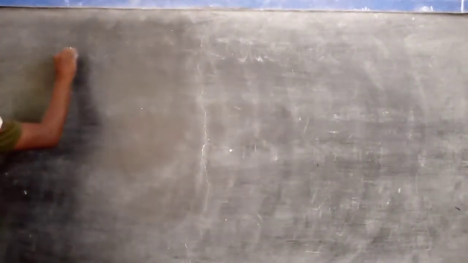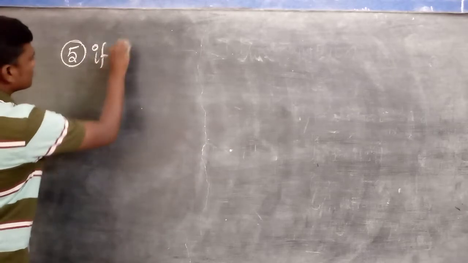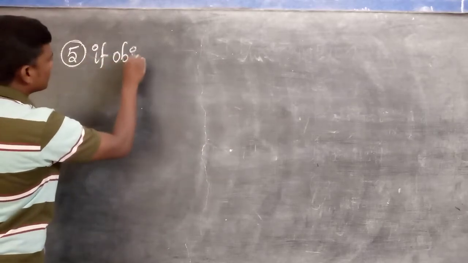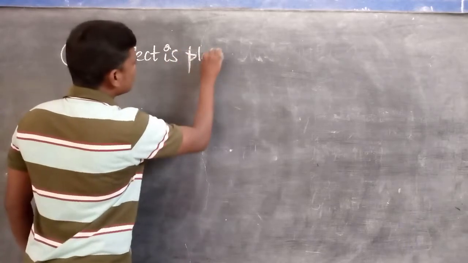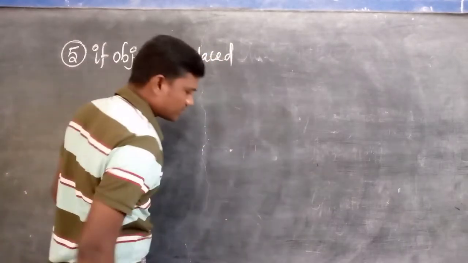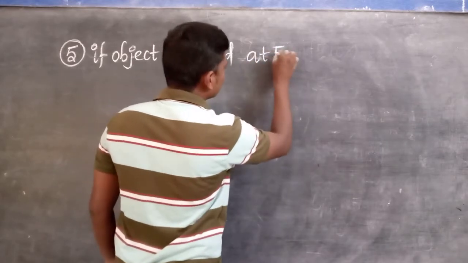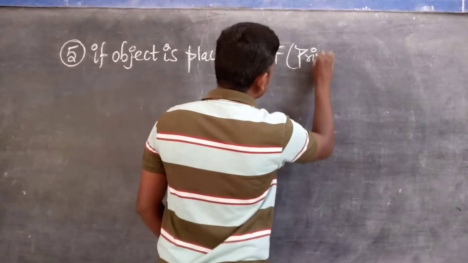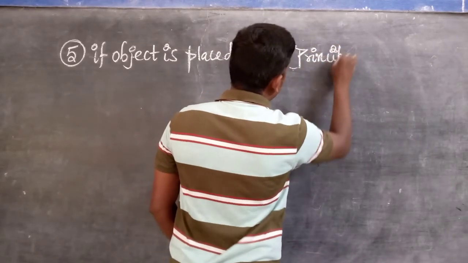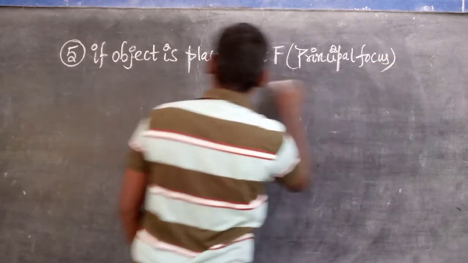So next, the fifth one: if the object is placed at F, the principal focus on any side.